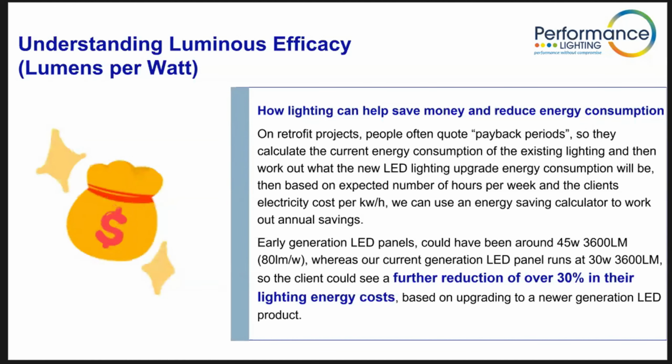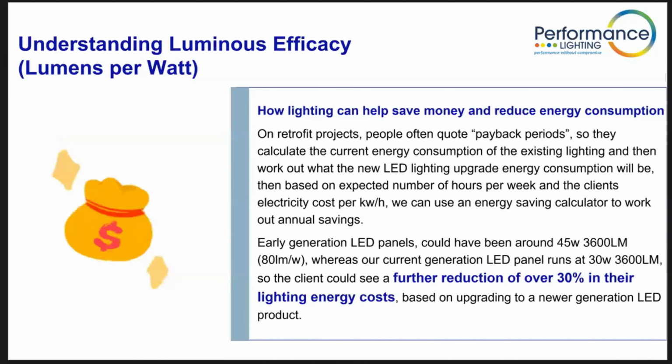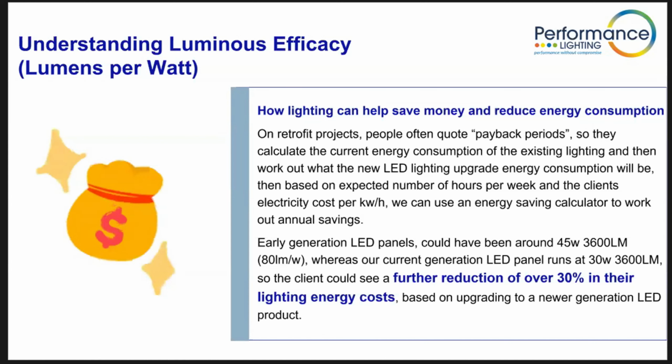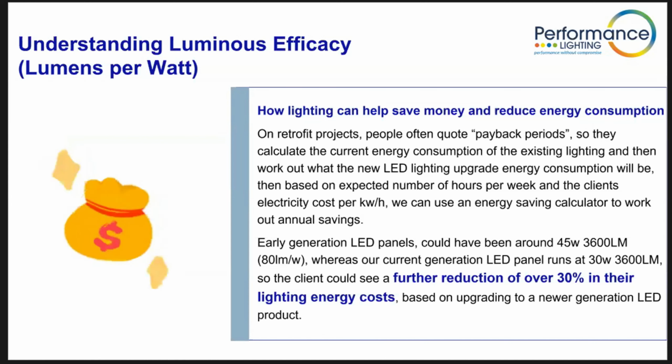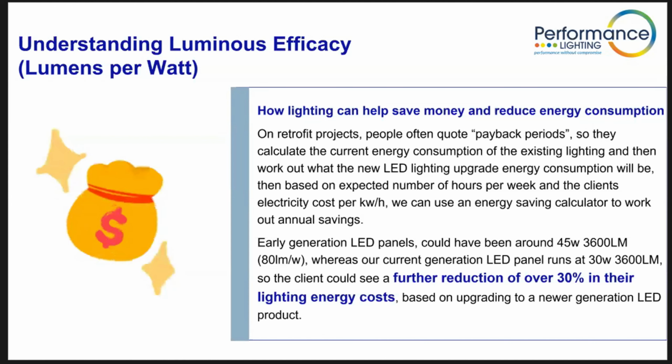So even somebody who's got LED installed could still see some big energy savings if we swapped out a 45 watt early generation LED panel for the newest generation. They could see another 30% reduction in their lighting costs.